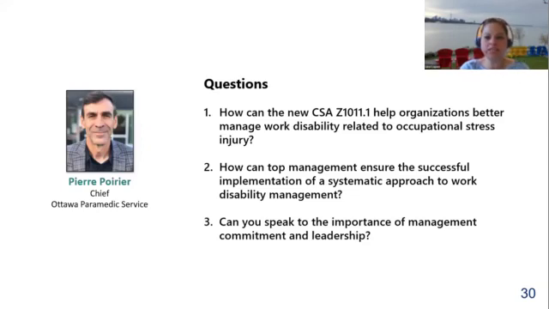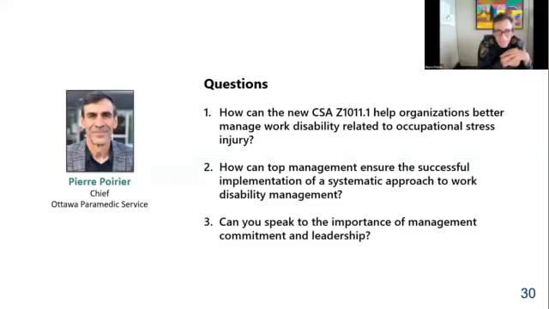How can the new CSA Z1011.1 help organizations better manage work disability related to occupational stress injury? Start with that. Yeah, and first off, as I mentioned in my preface, the key part is the linkages to the psychological health and safety in the Paramedic Service Organization in that document.